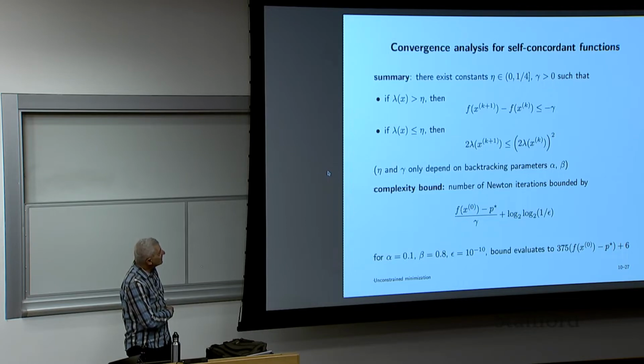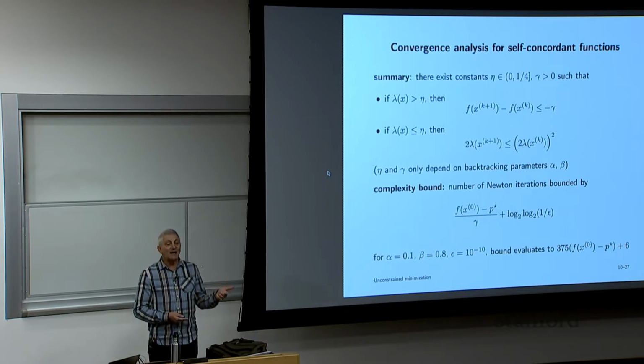And then once lambda is less than this critical value eta, you get quadratic convergence. What's missing are all those crazy things like M and L, which you would not normally know, right? There would be isolated cases where I would know M and L, but mostly you would not.